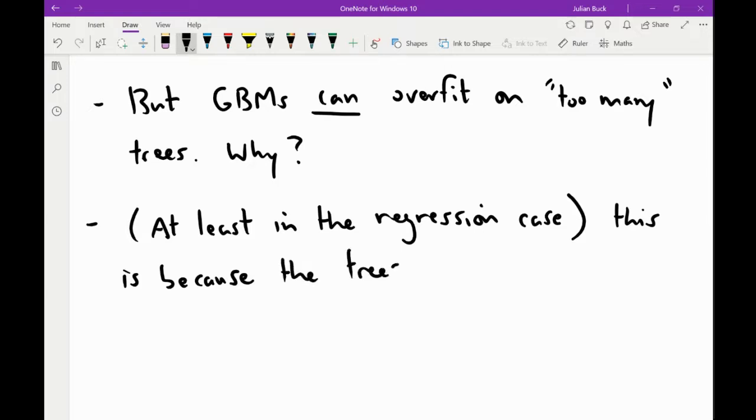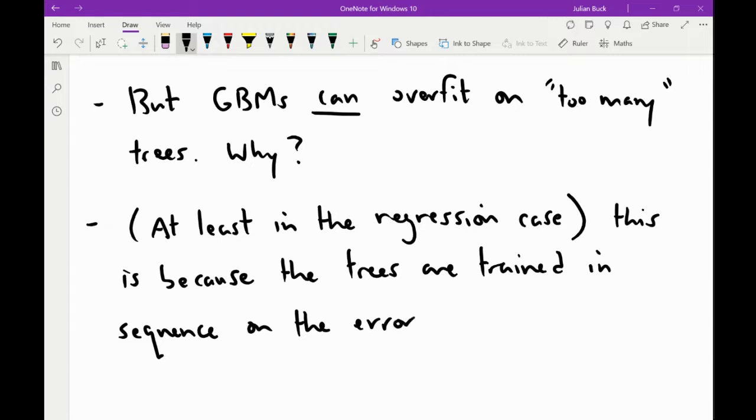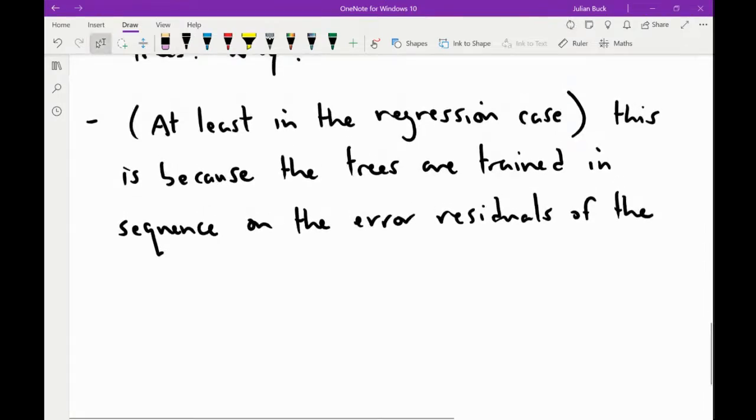The trees are trained in sequence. That was the idea of sequential training, but then sequential training, remember, was with respect to errors, right? So the trees are trained in sequence on the error residuals of the previous trees.